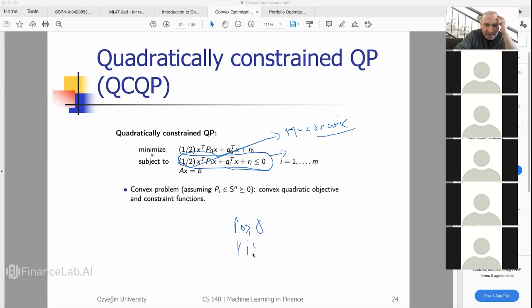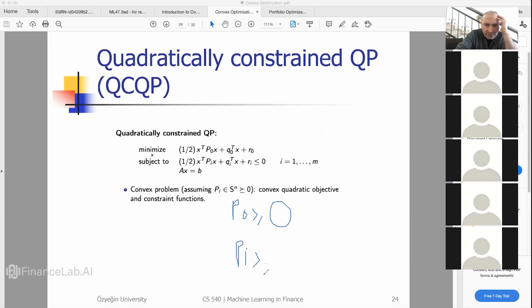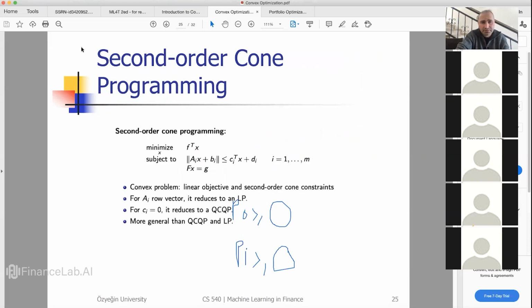Maybe let me rewrite. So P0 is greater than or equal to 0, and P_i is also greater than or equal to 0. Since these are satisfied, this becomes the quadratically constrained quadratic problem.